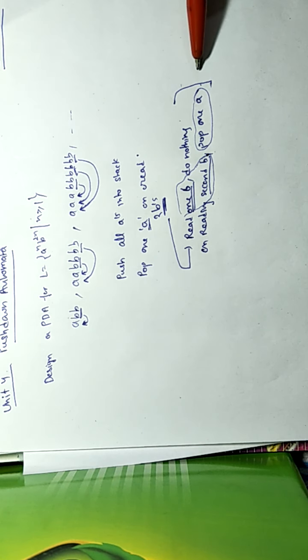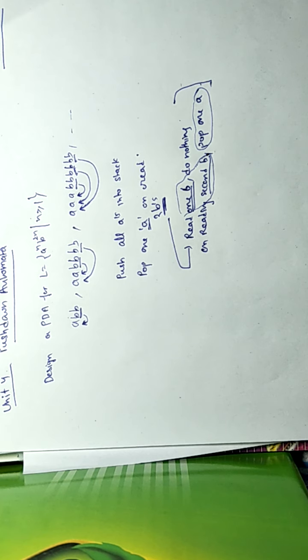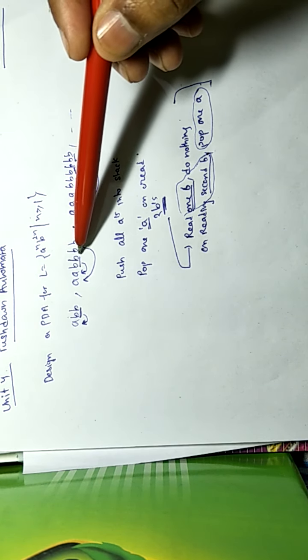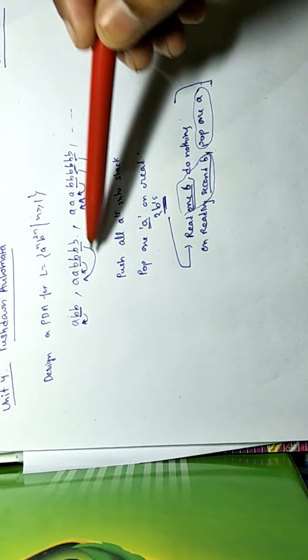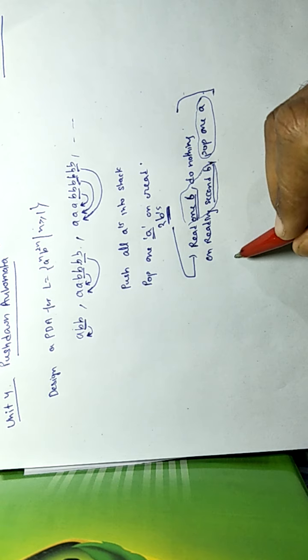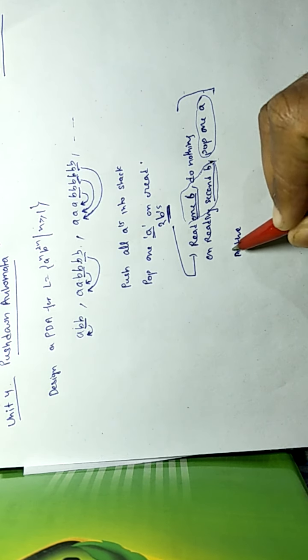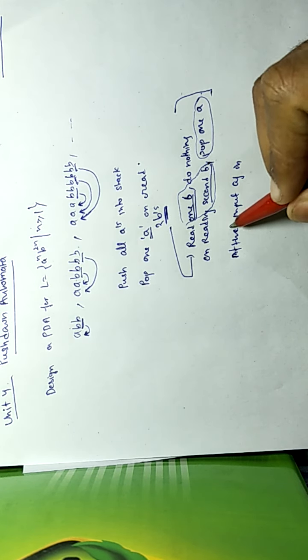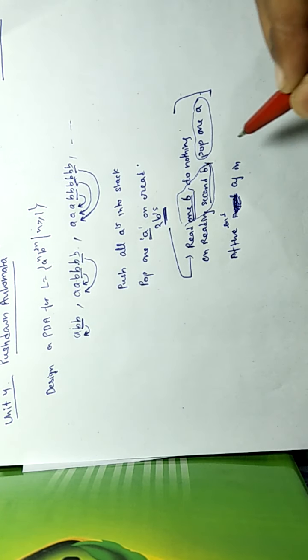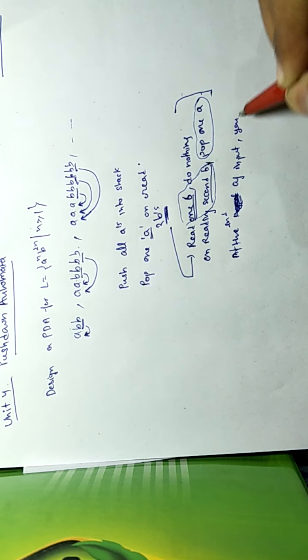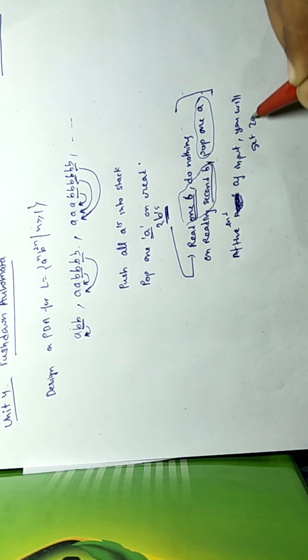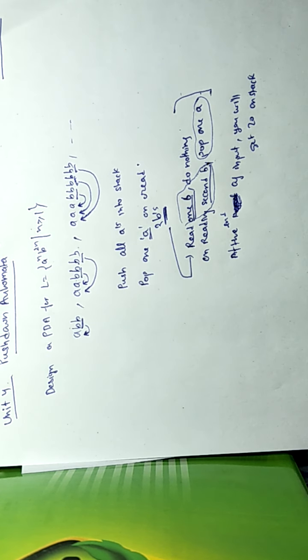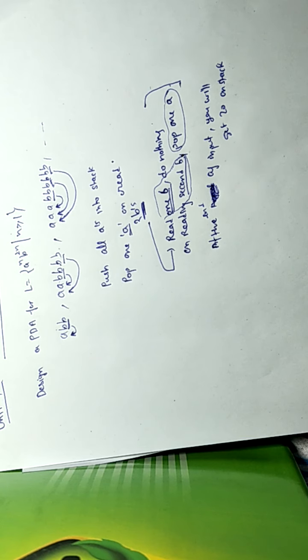Out of 2 b's you have to pop 1 a on one and do nothing on the other. So on reading 2 b's we pop 1 a, on reading 2 b's we pop 1 a, and at the end of input you will get Z0 on the stack.